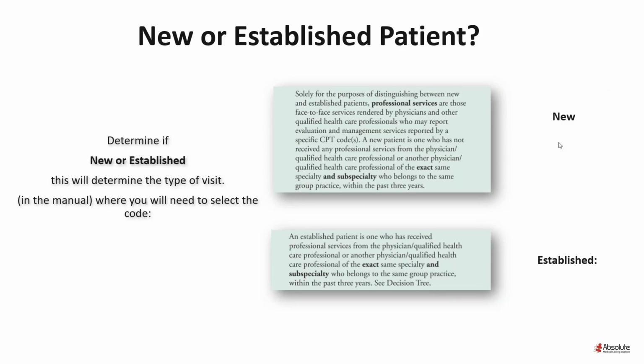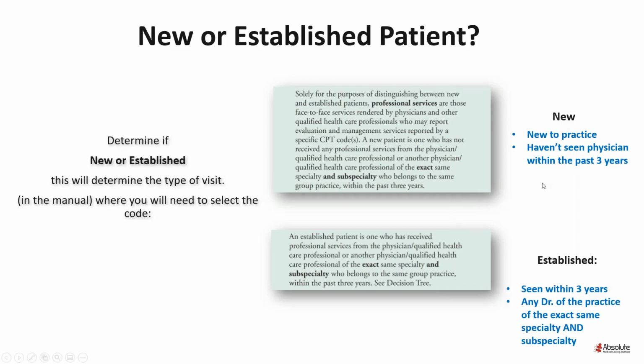A new patient is described as a patient that is new to the practice, never been there before, or that hasn't seen the physician within the past 3 years. An established patient is seen within 3 years.